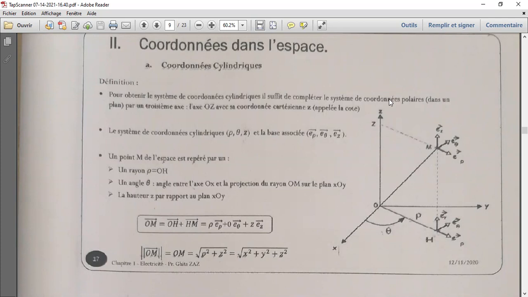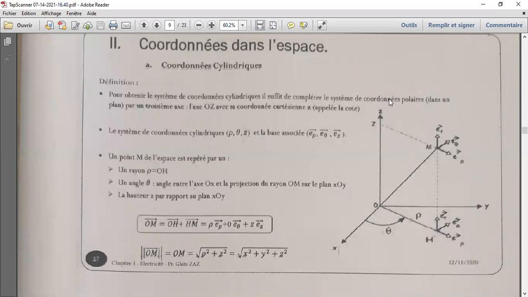So under cylindrical coordinates, where there's rho and theta, we just add the z. That's all. It's polar coordinates where you just add the z. It's nothing difficult or complicated. It's something we have already looked at.